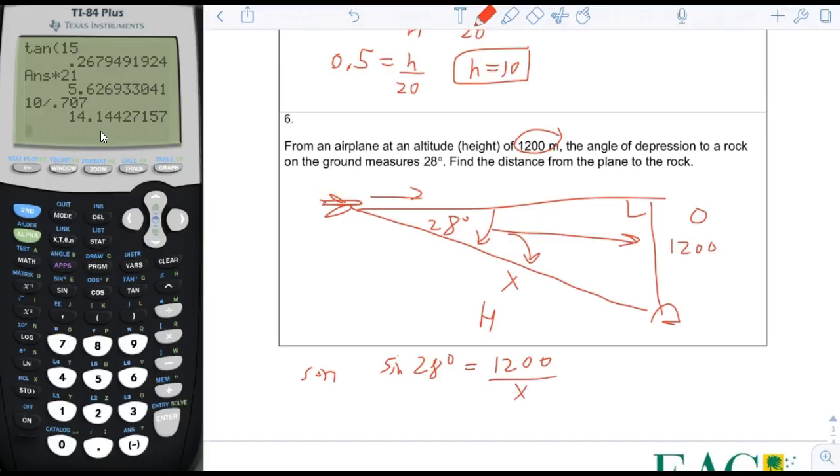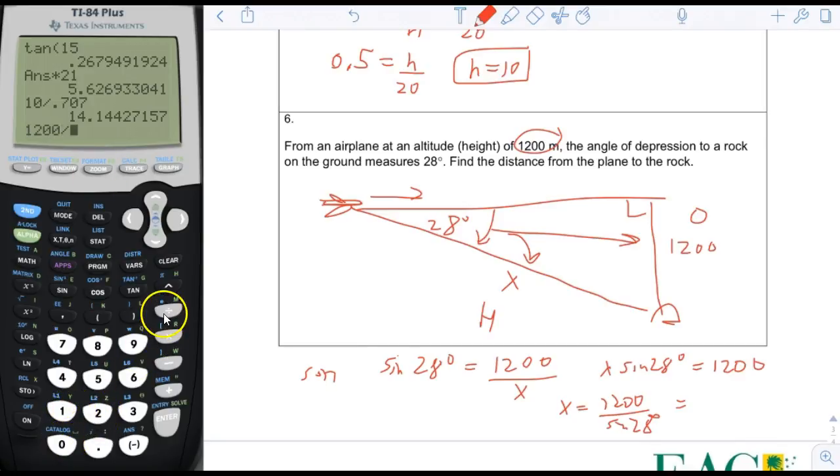And then I'm going to cross multiply and put x in the numerator, and then I can divide both sides by sine of 28 to get 1,200 divided by sine of 28 degrees. And now I'm going to divide that out on the calculator.